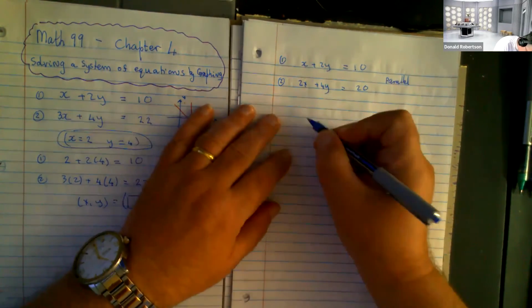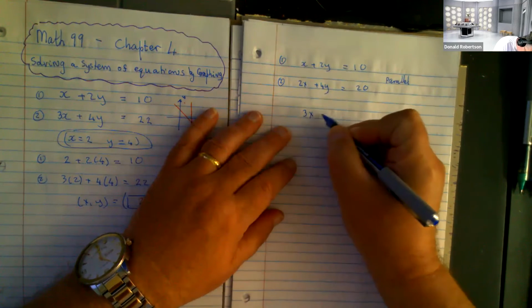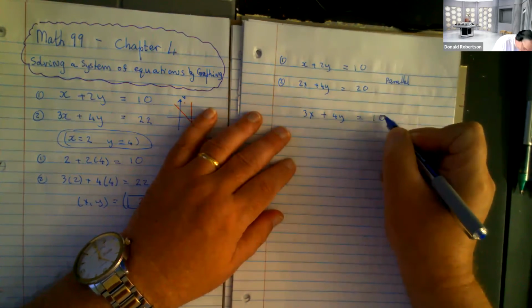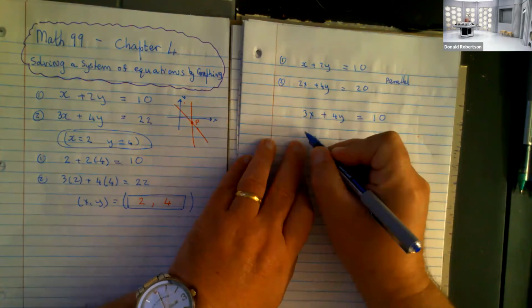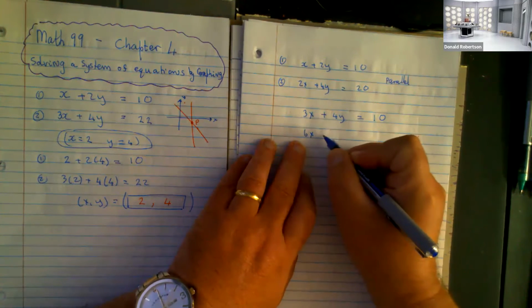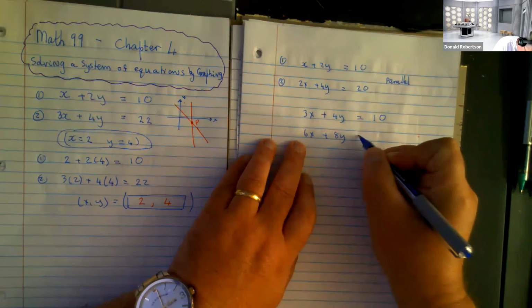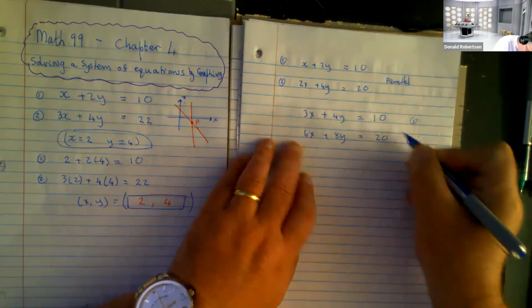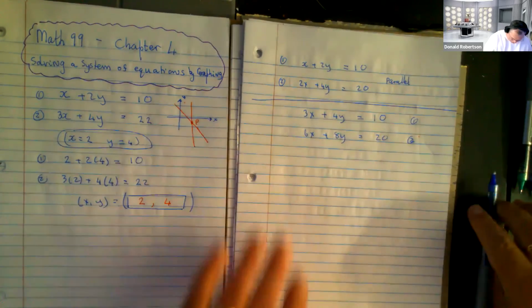But let's do a different fella. Let's do a 3x plus 4y equals 10. And then we'll do a 6x plus 8y equals 20. So imagine that was one of the questions that we got.